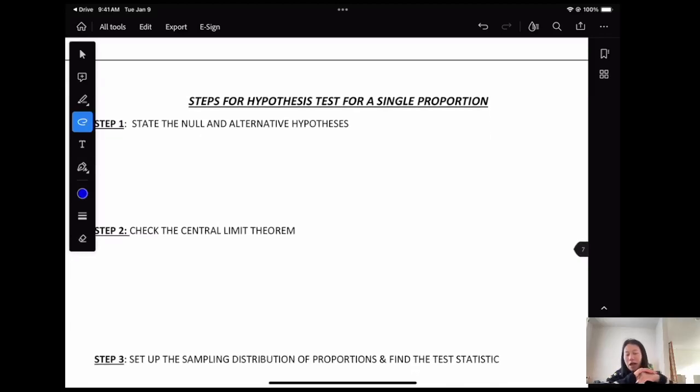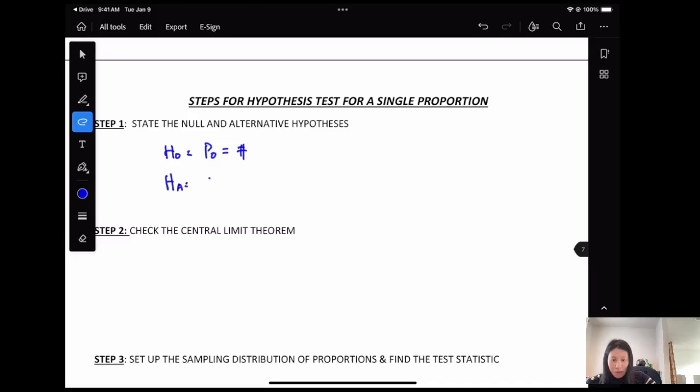So in this video, I am going to show you the steps for hypothesis test for a single proportion. First, state the null hypothesis and the alternative hypothesis. The null hypothesis is something that already, the current value, which is usually given, equals some number.